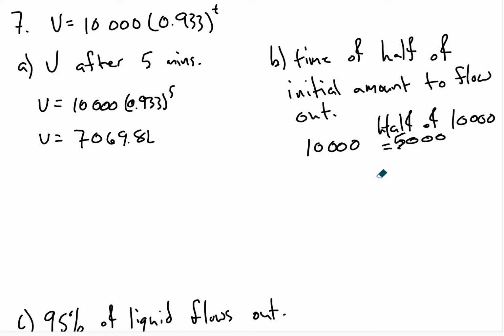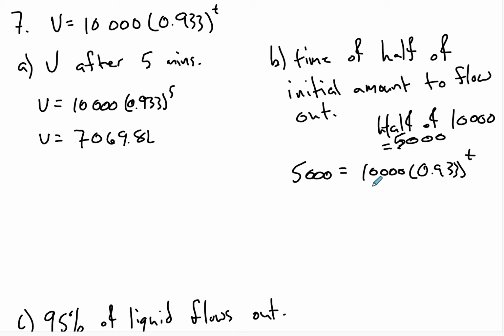So here I replace that in for V: 5,000 is equal to 10,000, which is my initial amount, times 0.933 to the power of t.